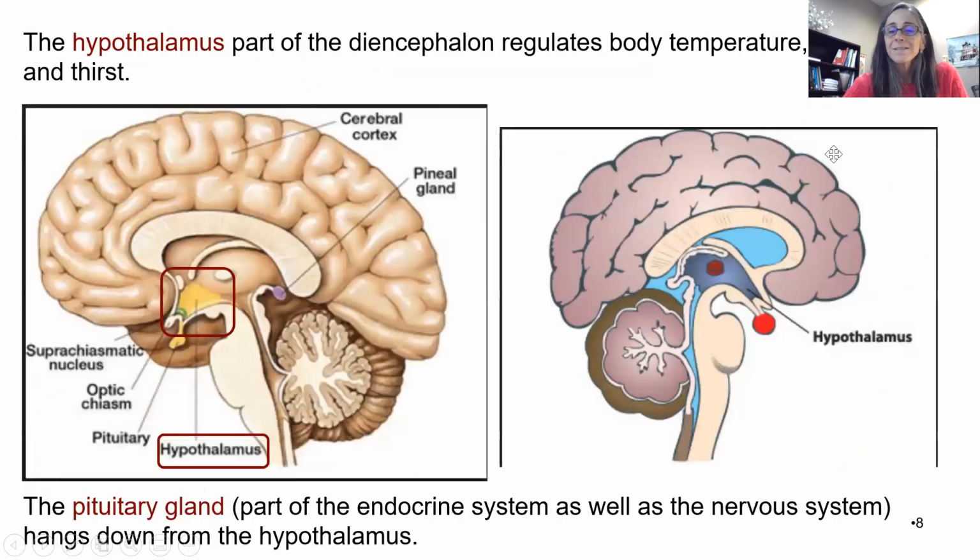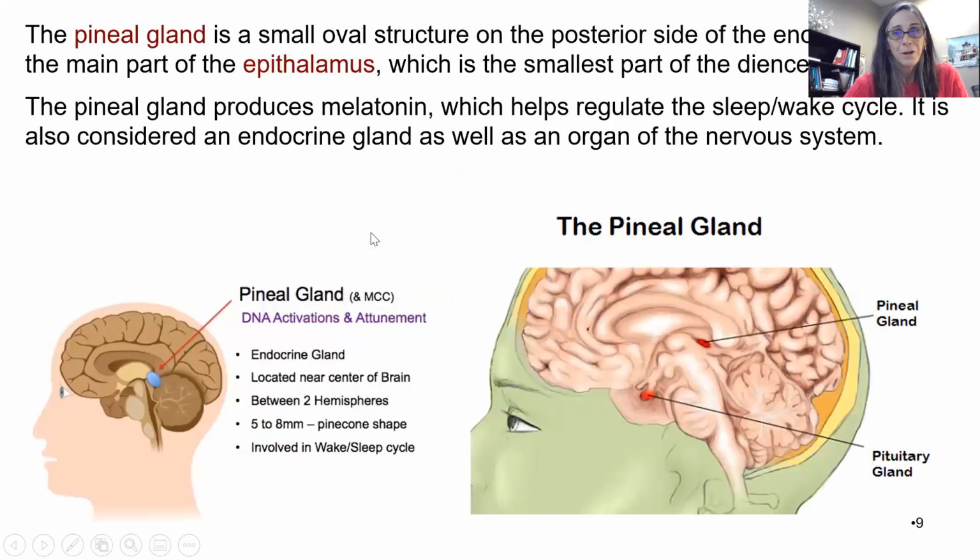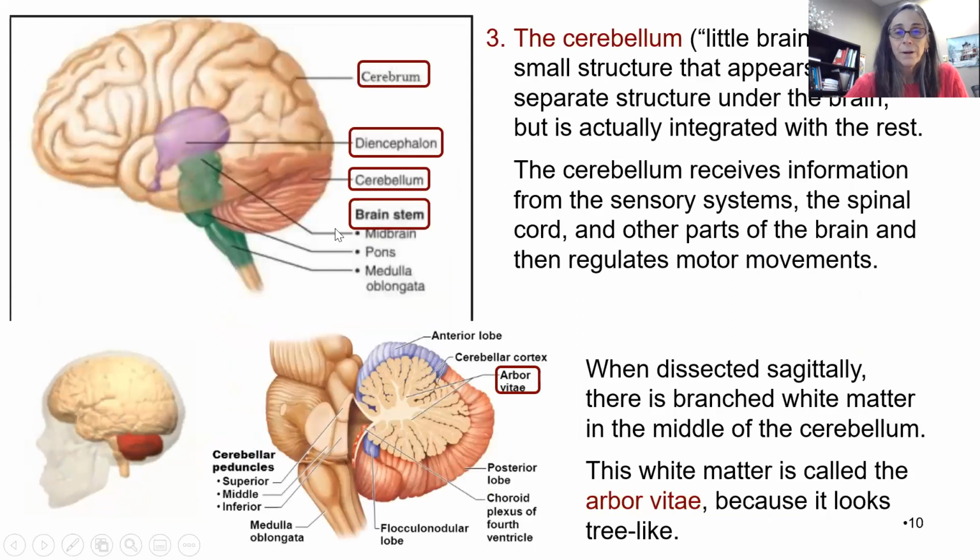I mean, it has important functions, but they're not vital. The diencephalon regulates, through the hypothalamus, body temperature, food intake, and thirst. But you could survive with these not being in homeostasis for a certain period of time. Whereas if you stop breathing, you stop breathing. You're not going to survive very long.